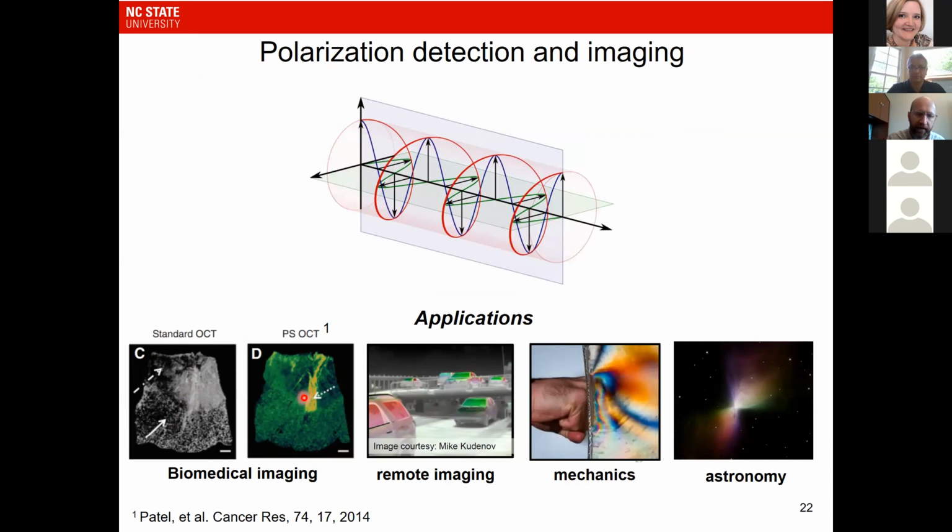In particular, it defines the edge of the tumor really well. So if you went in to have surgery, you could have a very precise location to extract the tumor. This is just one application where you could see the advantages of being able to detect the polarization state of light.